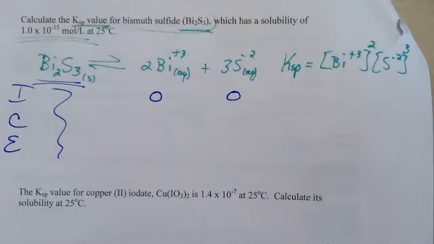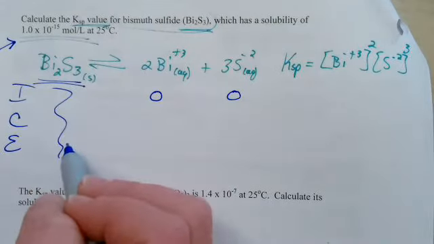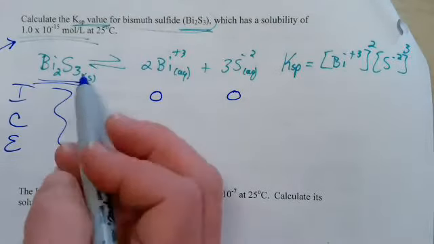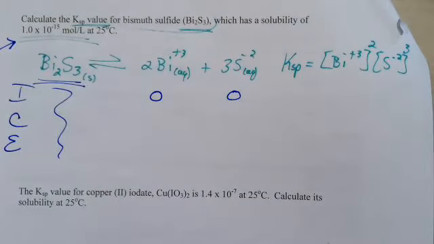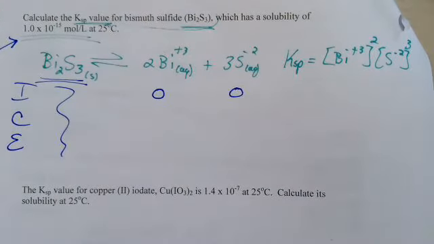With insoluble solids, whatever you feel more comfortable with, we usually, for ice tables, for the change, use expressions in terms of X. It is up to you. Solubility is the value of X with insoluble solid equilibrium. But a lot of collegiate professors, some AP teachers, encourage the use not of X, but capital S to represent solubility.